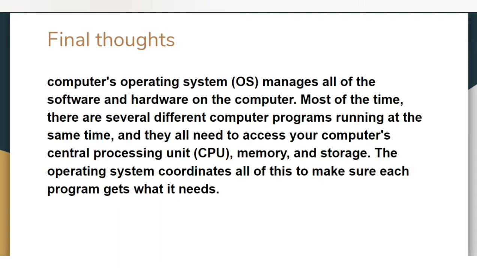The operating system coordinates all of this to make sure each program gets what it needs. So it is the basic function of the operating system to manage computer resources and provide the way for the user to use the computer in an efficient way.